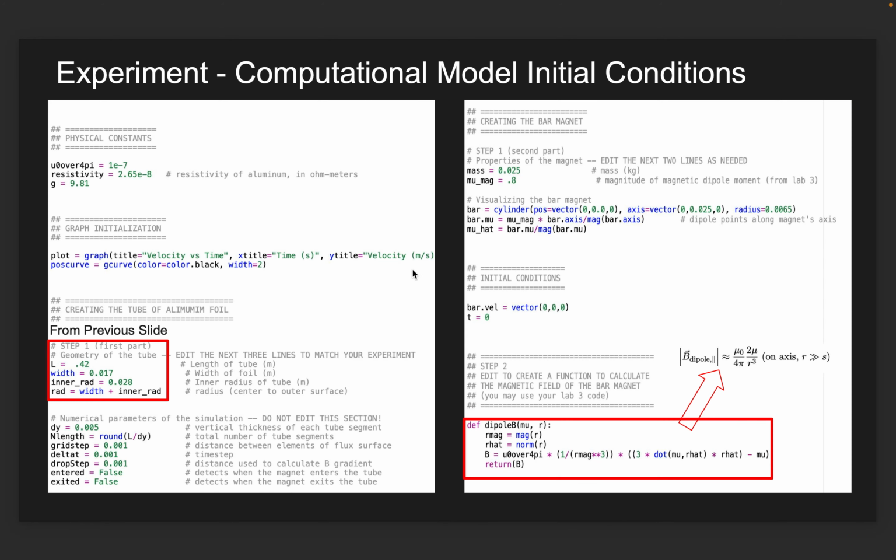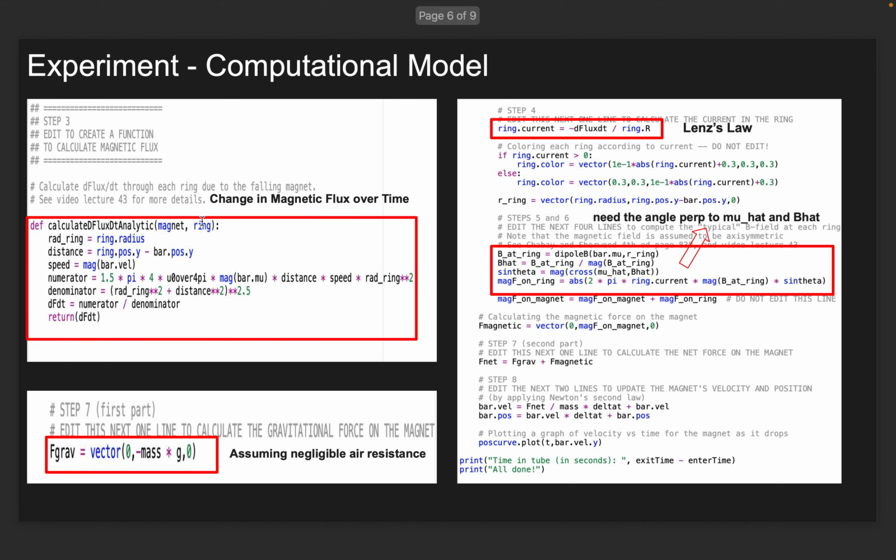So in the computational model, some of the initial conditions were that we needed to initialize the geometry of the tube from the previous slide, as you can see here. And then we also needed to define the magnetic field equation for a dipole using the equation I discussed earlier here. Next, we needed to calculate the change in flux over the change in time, which I did in this section of code.